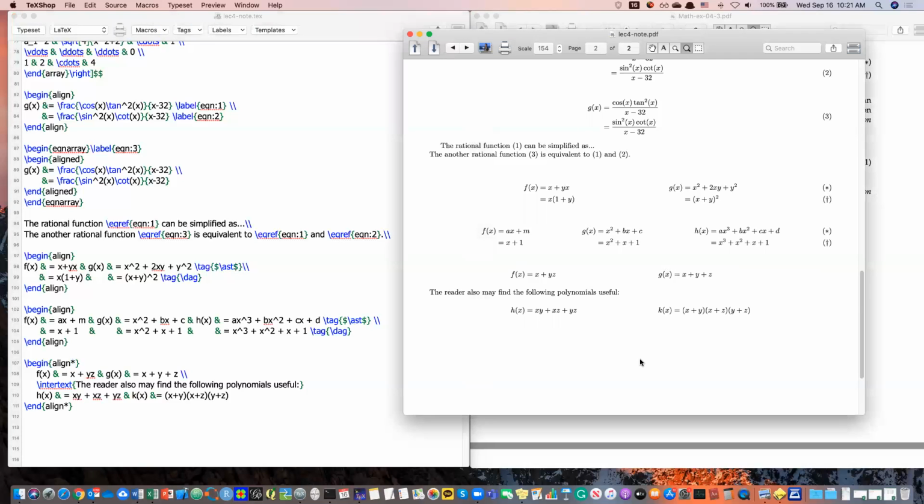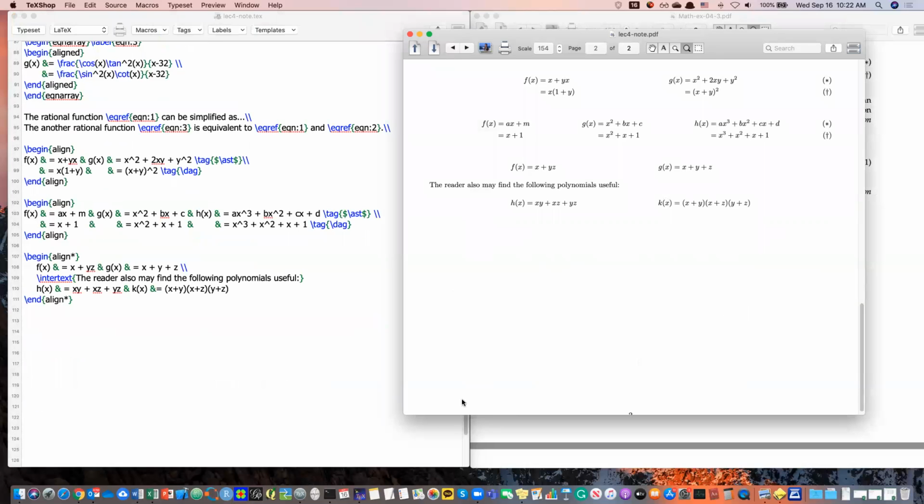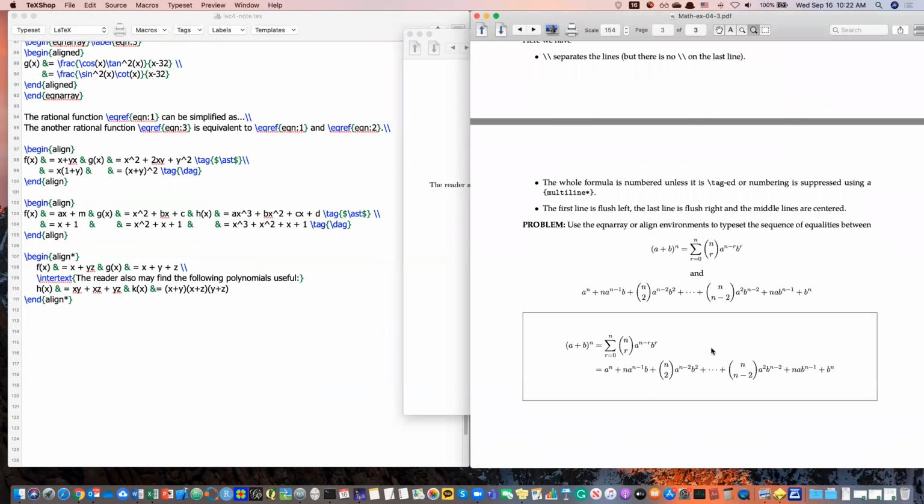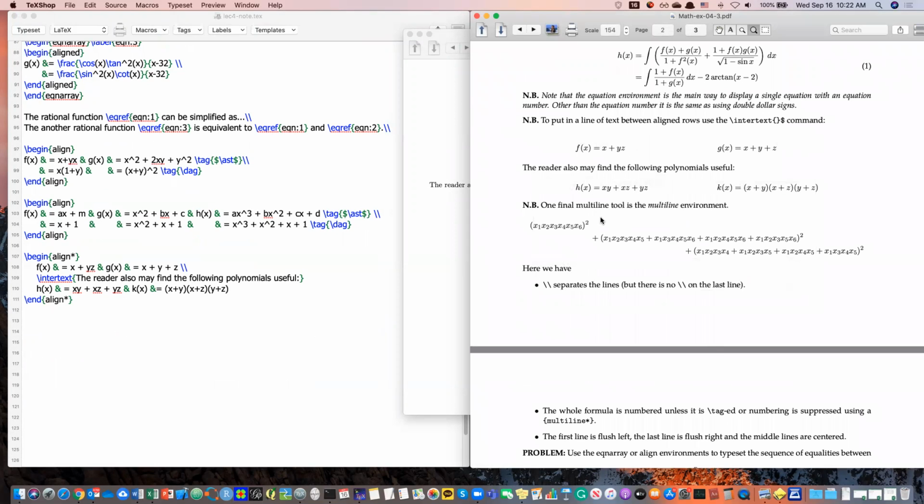Next one. Okay, almost done. So one final tool is the multline environment.